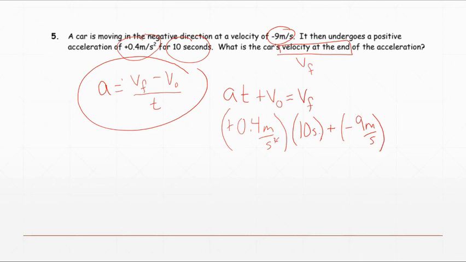Notice seconds squared and seconds cancel. So now I'm adding two like values, and I end up getting a value of negative 5 meters per second. So I'm still going in the negative direction, but I'm going slower in the negative direction.